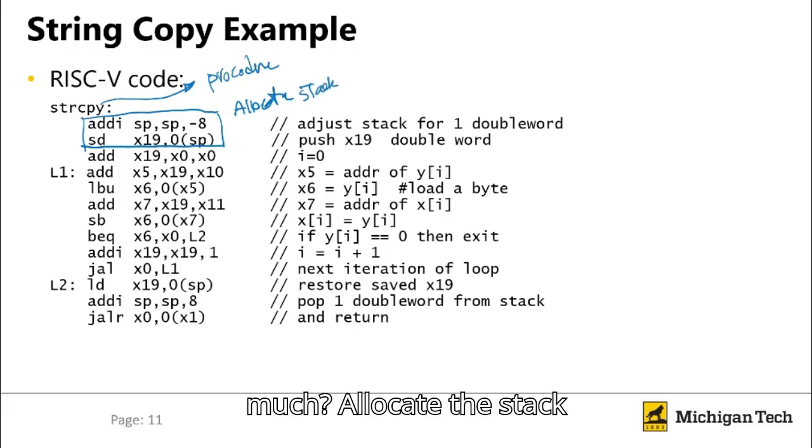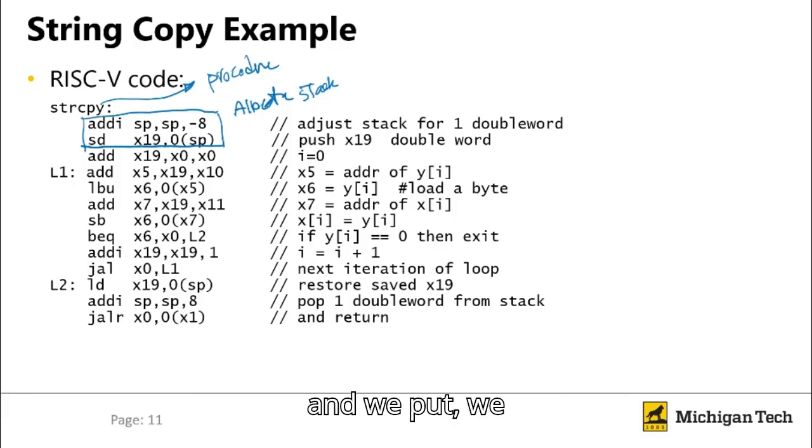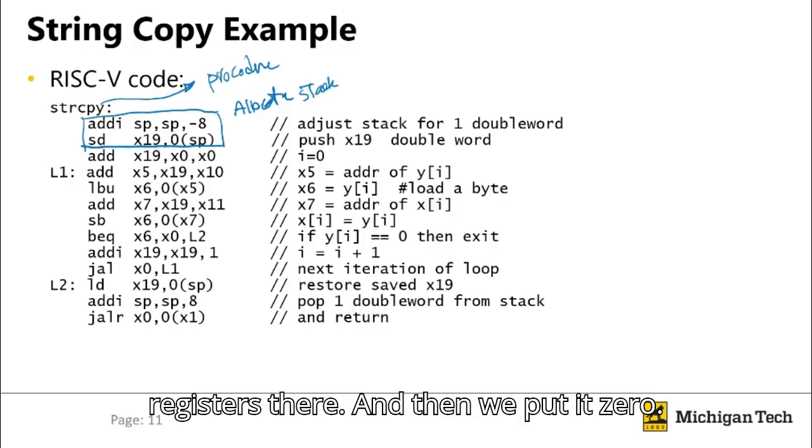How much? Because it's just one register, it is 8 bytes. We allocate the stack and we store x19, that is one of the save registers there, and then we put it at 0.